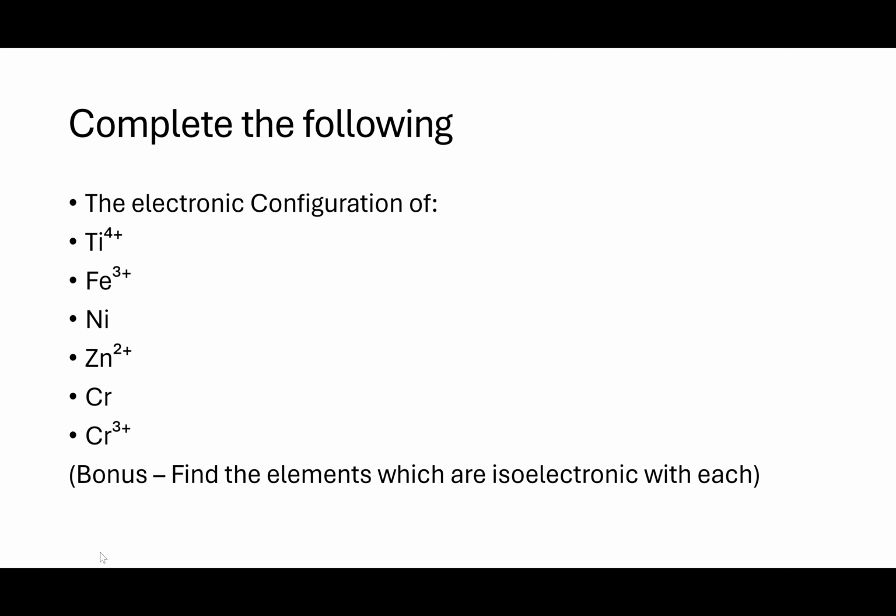How many electrons does iron have? 26. 26 minus 18, and we know why we minus 18, for argon. So we have 8 left. What is it that we do? We fill 4s before 3d, so 4s, then we fill 3d.